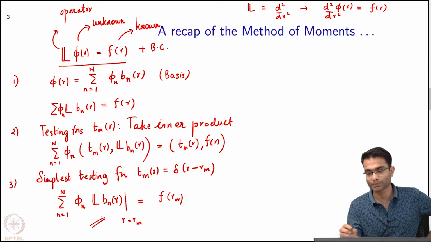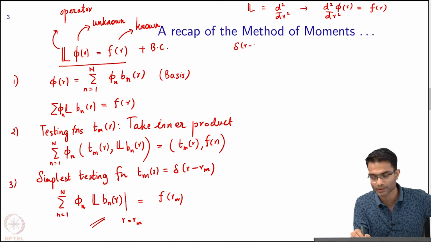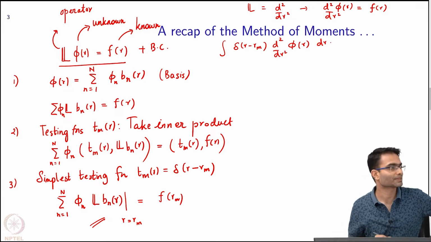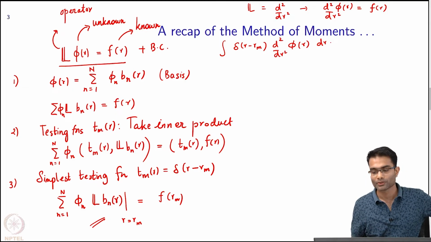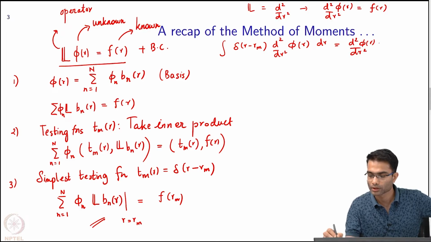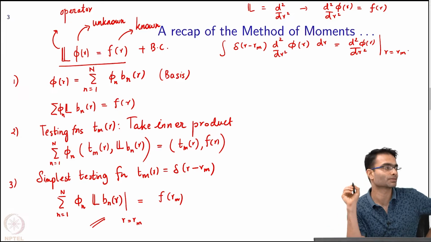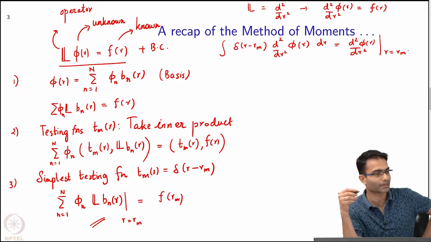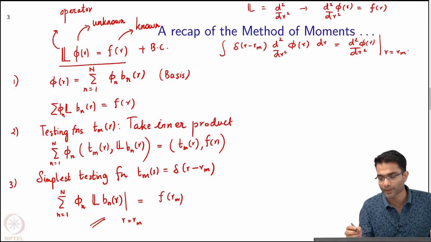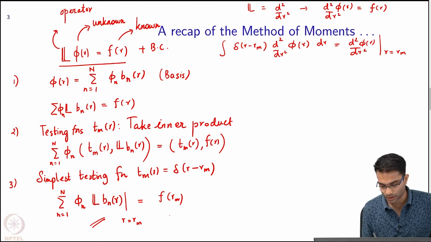So, when I multiply this by some testing function, delta of R minus Rm, that is the meaning of testing, the left hand side will become evaluated at R is equal to Rm, that is what it means. That is the only value that survives inside the integral, right. So, this was your testing function, and the name we had given for this method was point matching, right, point matching.